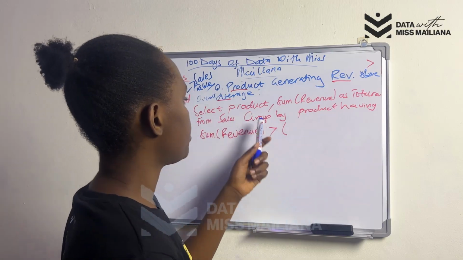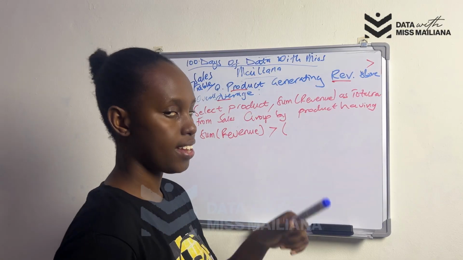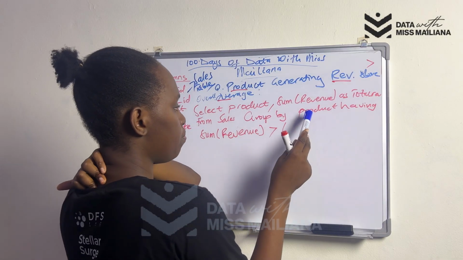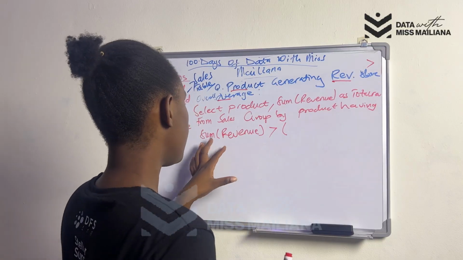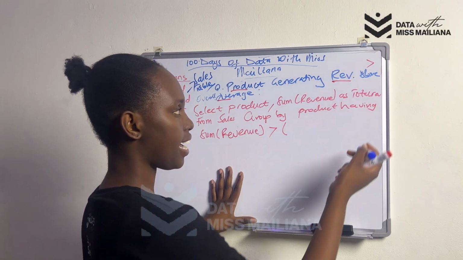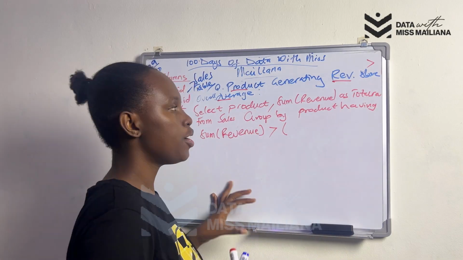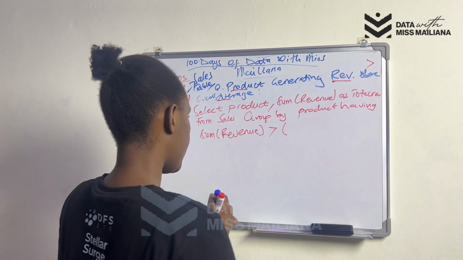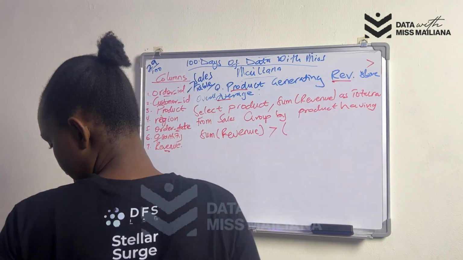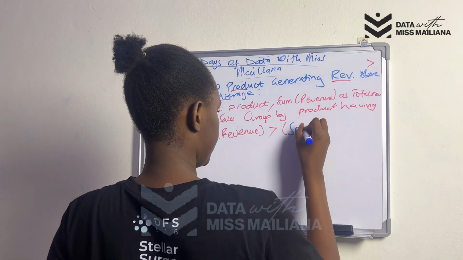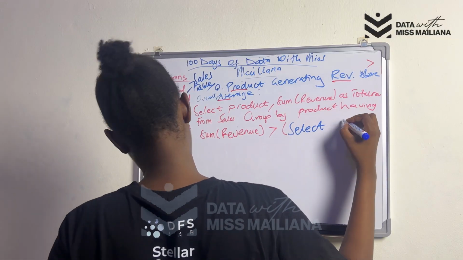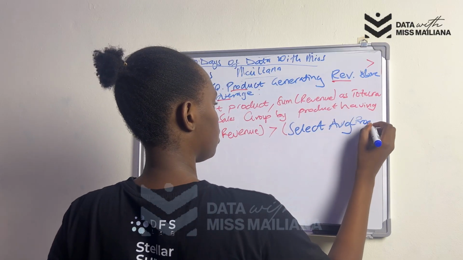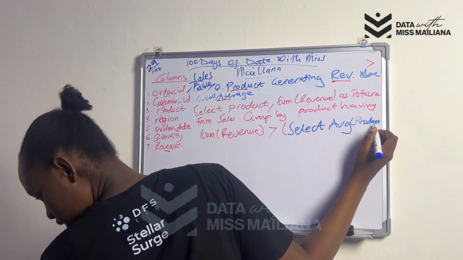So we say: select product, sum the revenue and name that total revenue, from the sales table, then group by product, whereby the product has a sum of revenue greater than the overall average. So we have to calculate the average in here, and that becomes our subquery. Now you are going to calculate the average, so the new subquery is going to be select average of revenue. Am I right?